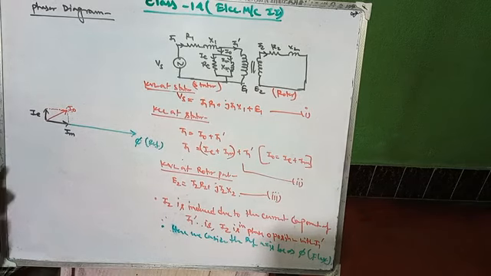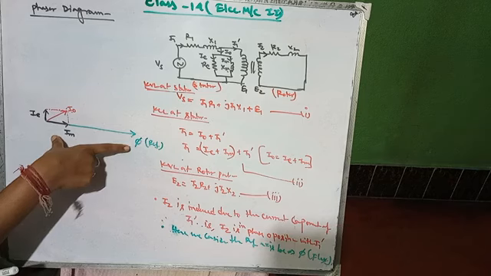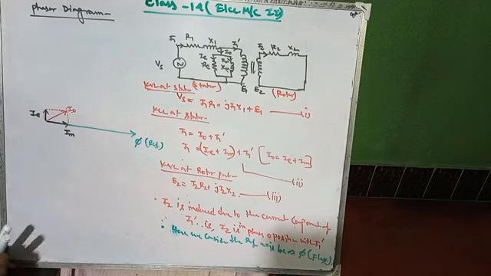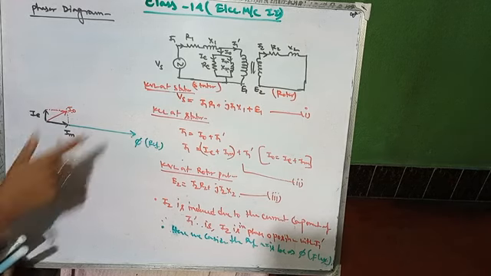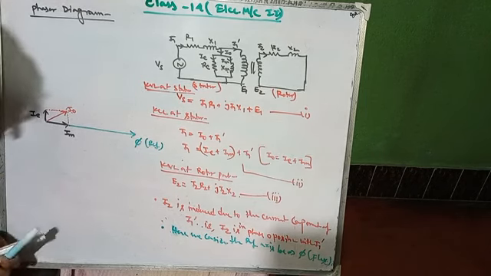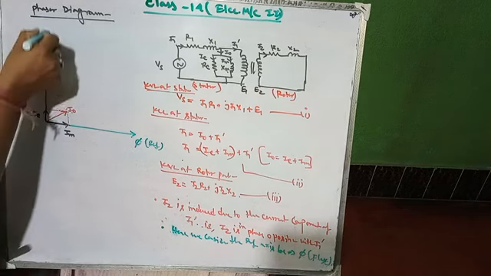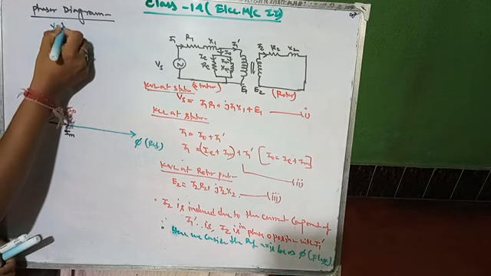Before writing I naught, you have to first set the axis of voltage. As it is the phi axis, the voltage axis is always leading by 90 degrees from this phi. So this is your phi axis, this is your voltage axis.